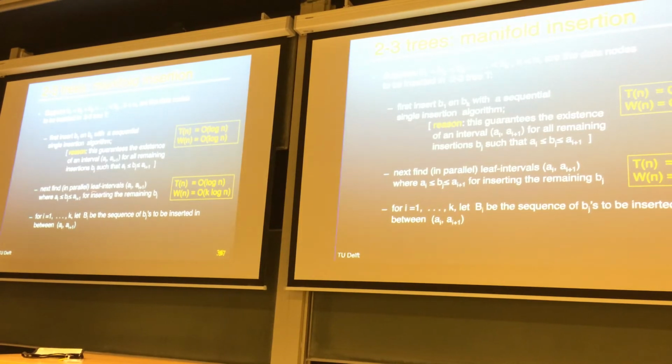And finding in parallel the leaf intervals also will cost you O log n time and O of k times log n work. But now you might be confronted with a worst case situation where there is one leaf interval where all the elements you have to insert have to be inserted in the tree. That would be a very unlucky case.